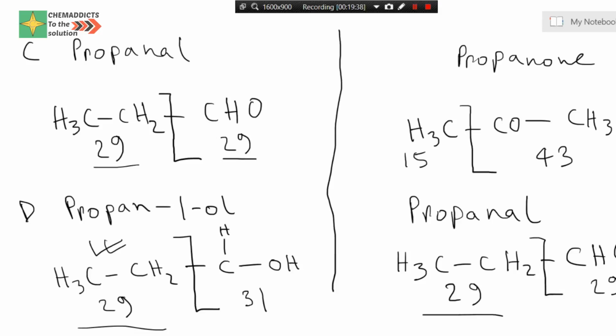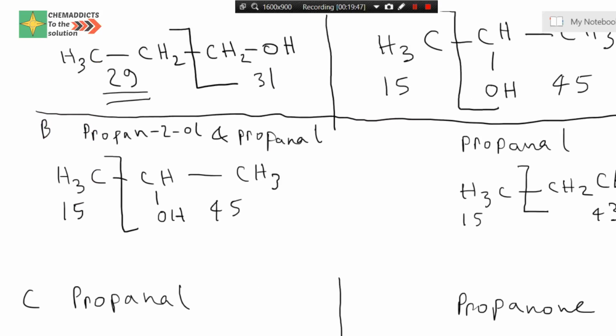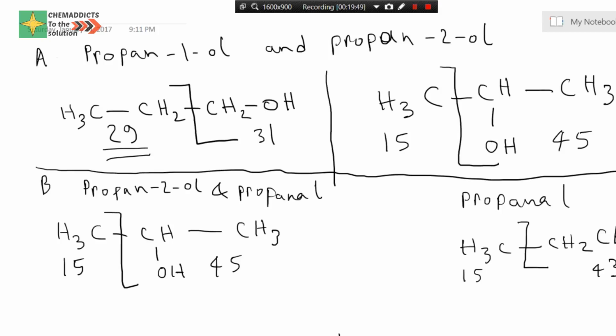as the answer. If you have noticed in the previous options, just like in A, B and C, in A one of them has mass by charge ratio 29, which coincides with the given mass by charge ratio 29, and this other one does not match.